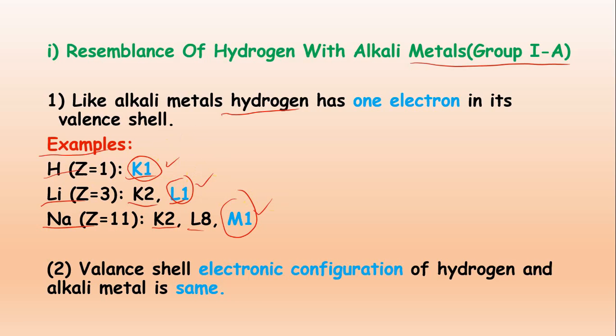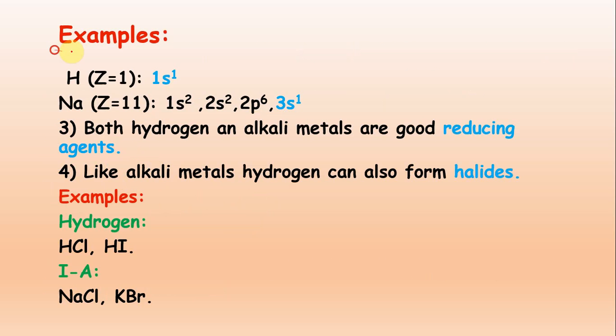Now the second similarity is that the valence shell electronic configuration of hydrogen and alkali metals is the same. How? Look here. Examples: hydrogen has 1 electron, it is 1s1, and sodium has 11 electrons, 1s2, 2s2, 2p6 and 3s1.